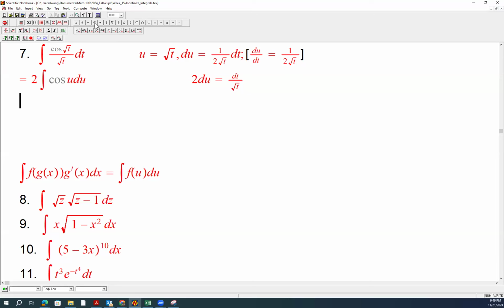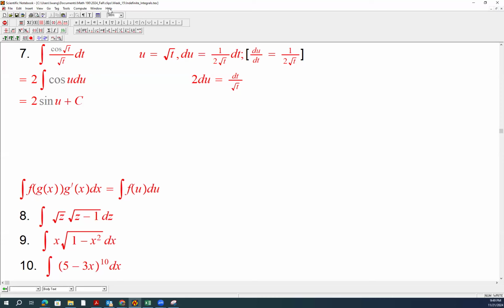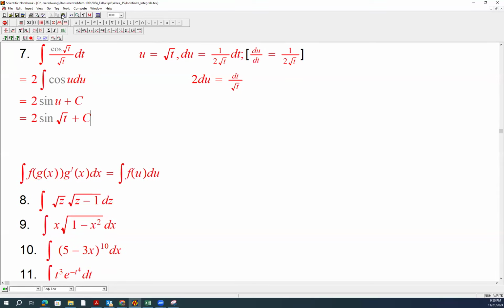And then we're going to go ahead for the antiderivative. The antiderivative of cosine u is sine u plus the constant. So in the end, we are getting 2 times sine of root t plus the constant.